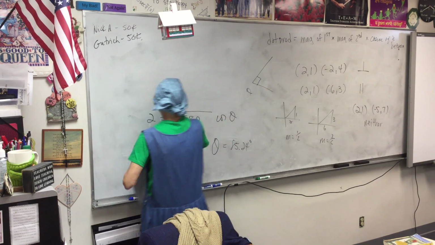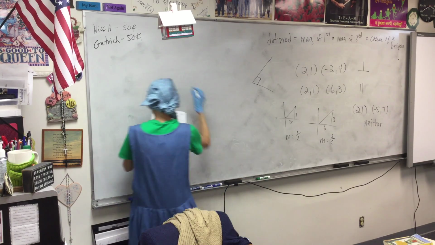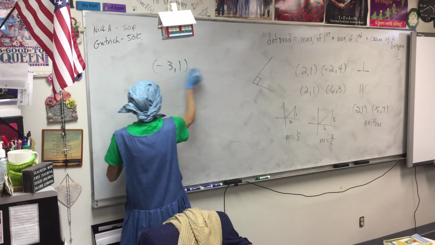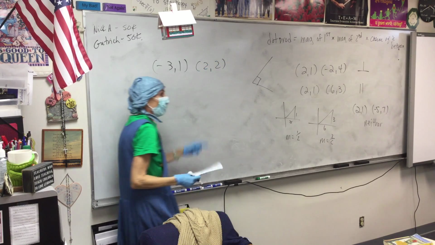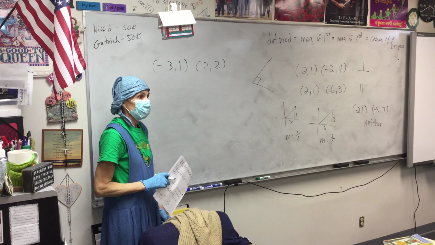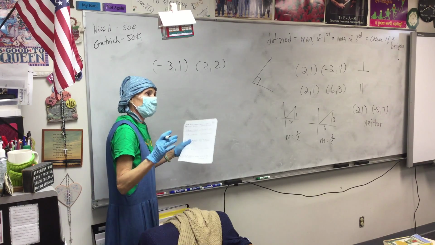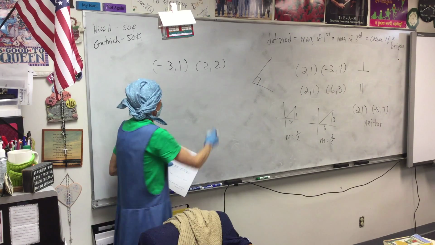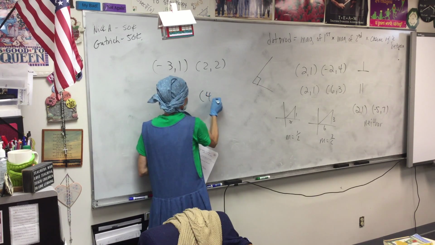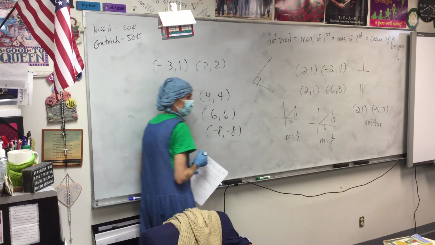All right, next. Negative 3, 1 and 2, 2. Are they multiples of each other? No. Kids, this is not a difficult concept. A multiple of 2, 2 would be 4, 4, 6, 6, negative 8, negative 8.